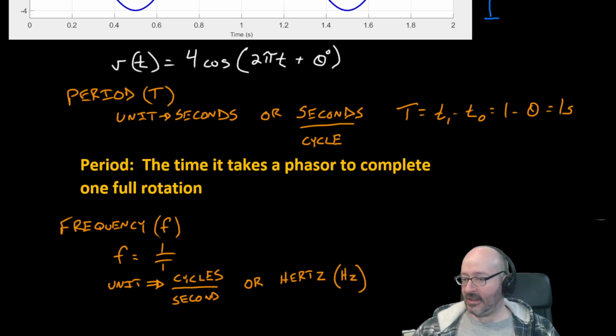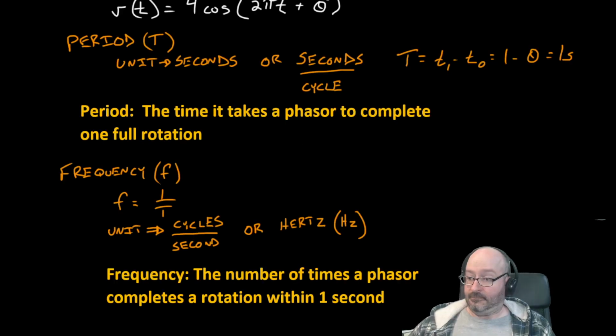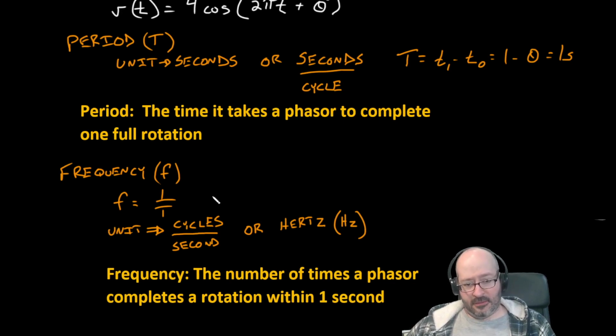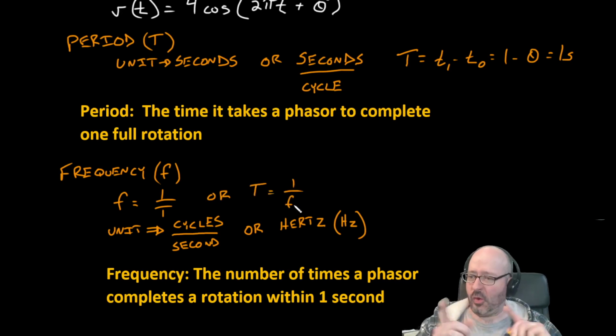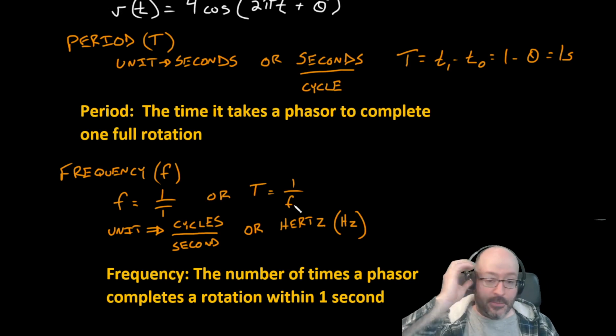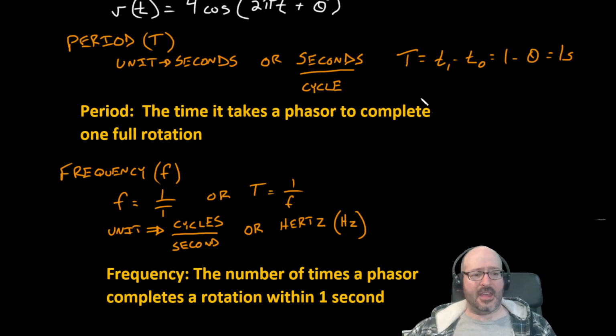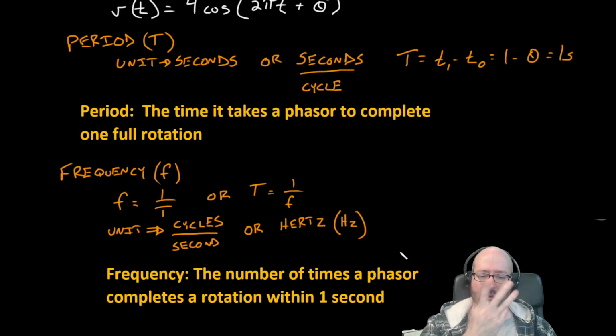So let me get that definition for you. There it is. And if we want to convert between them, we have this. Of course, we can flip that on its head and say the period is just 1 over the frequency. So you can go back and forth with that. In this case, this one's boring. It goes around once in 1 second, right?